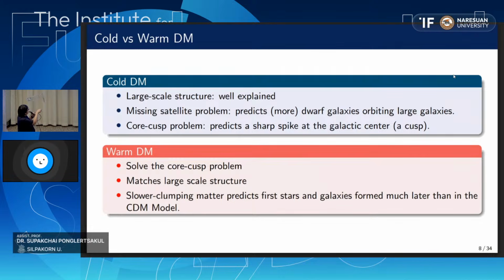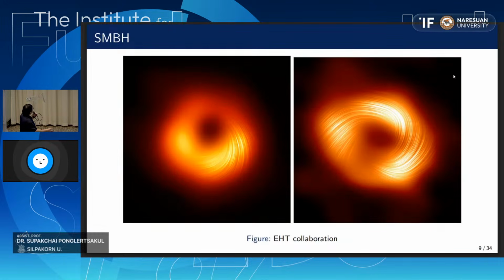However, with the slower clumping matter, it predicts that the first stars and the first galaxies in the universe should form much later than we observe. So that's another problem with the warm dark matter. But in my talk, I will particularly focus on the cold dark matter model.